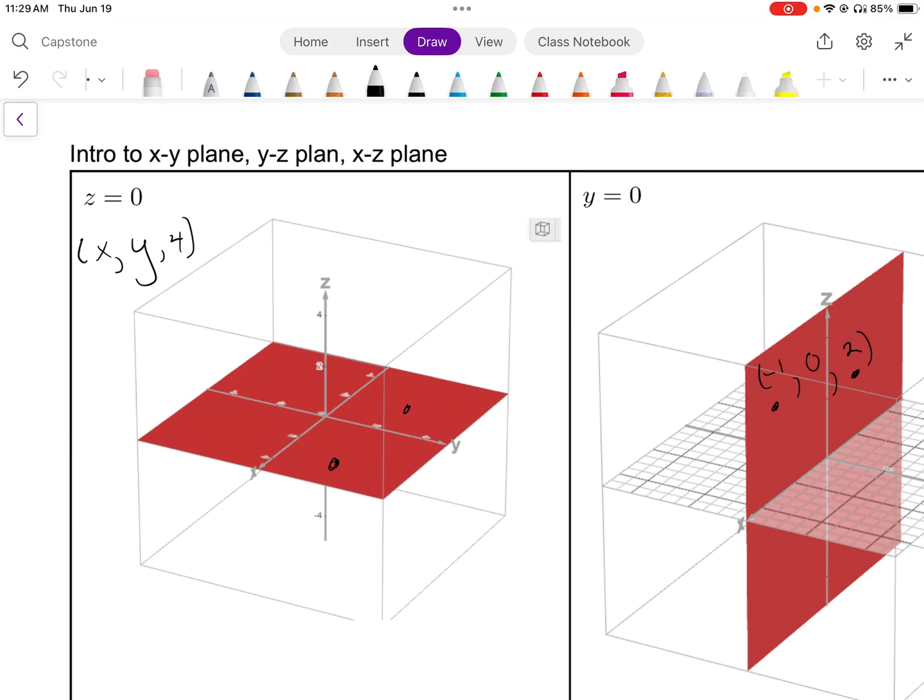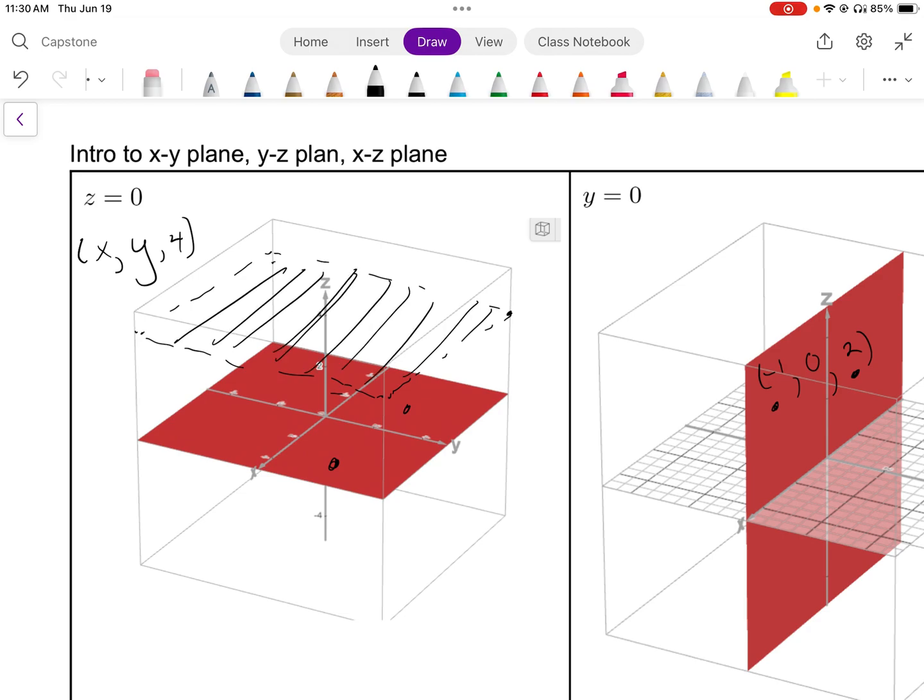Well, in order to draw that, we'd have to use a bit of our geometry skills. I don't know if I'm doing the best job I could, but you can imagine a plane here that comes right across and touches at z equals 4, and we have all sorts of points in here that are connecting, creating a plane of points in 3 dimensions.